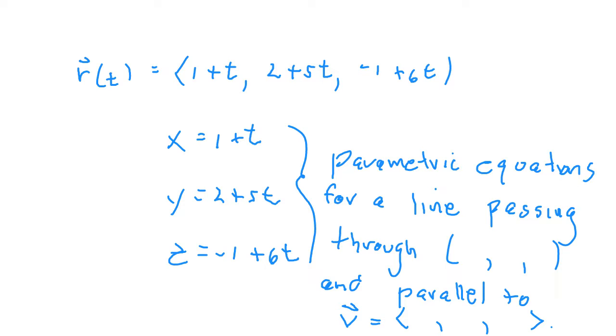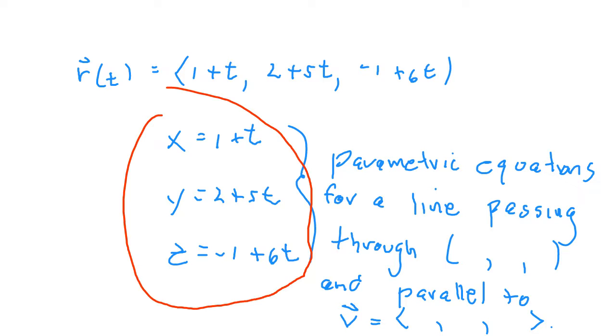So you just took the first exam, right? The first version, at least. What point is this line passing through, given by these parametric equations? Good. 1, 2, negative 1. The line passes through that point. Now, to lock in the line uniquely, we need to know what vector it's parallel to.